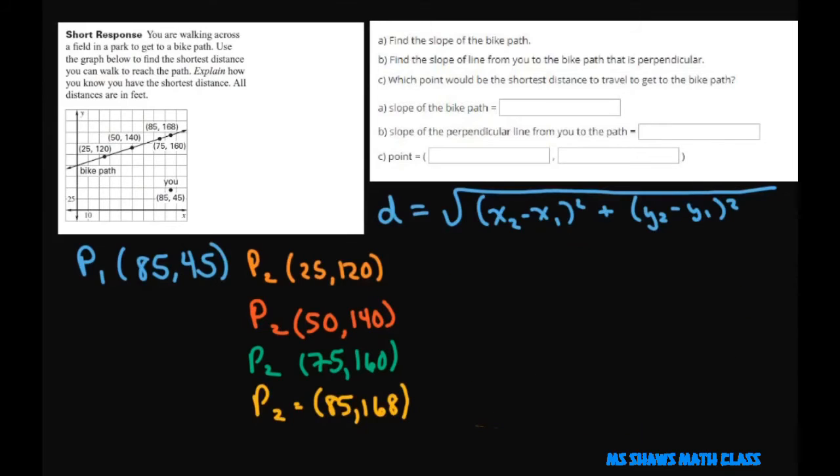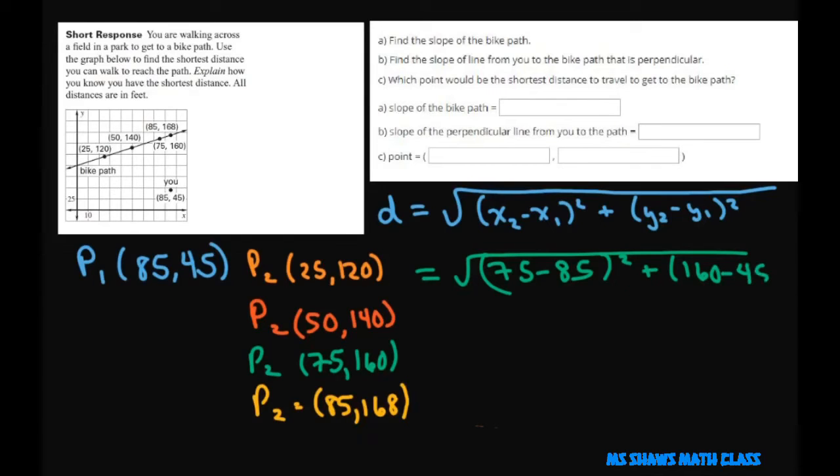Okay, the next one, we're going to do this distance equals 75 minus 85 squared plus 160 minus 45 squared. So this equals negative 10 squared plus 115 squared, I believe.